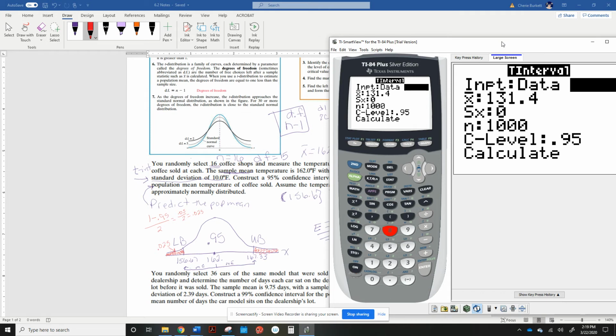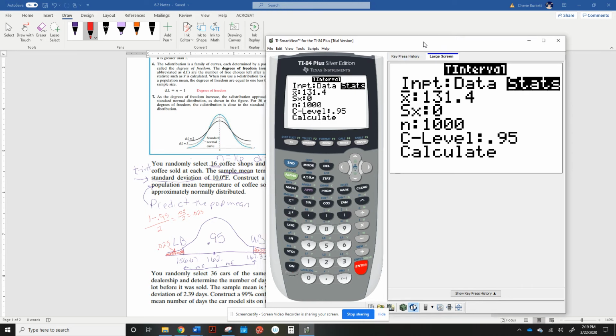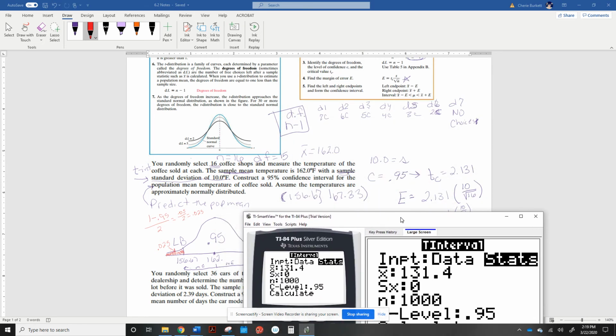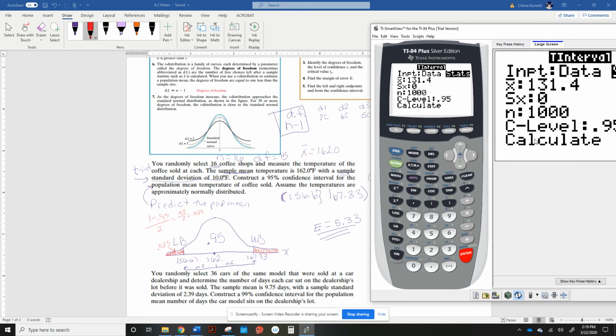Again, it's asking me, do I have a list of data or do I have the statistics? We have the statistics. So I press enter right there. And then this is where it just wants me to put the information in. Here is my X bar. My X bar is 162, so I'm going to go down and type in 162.